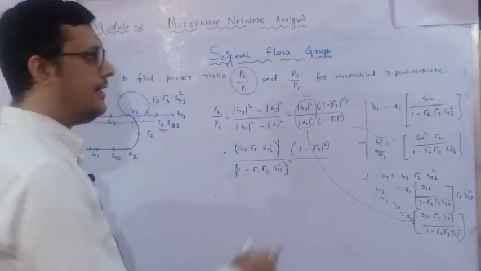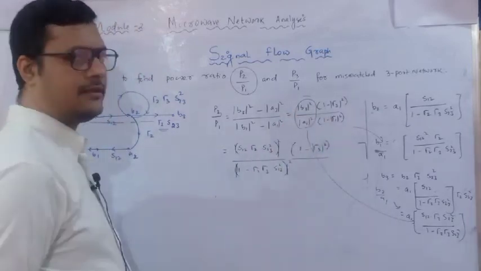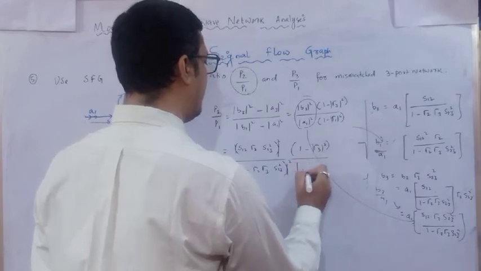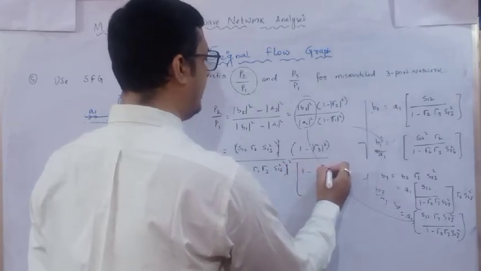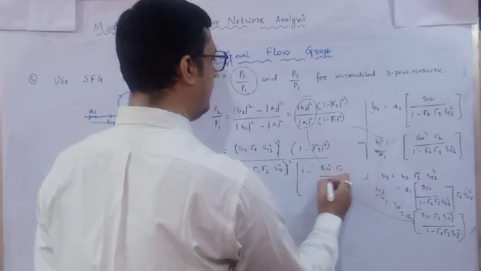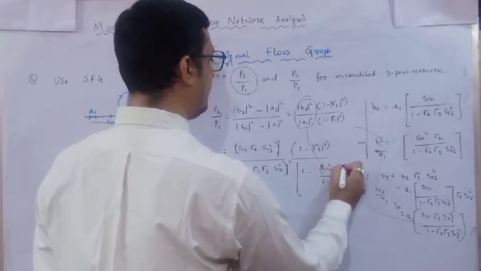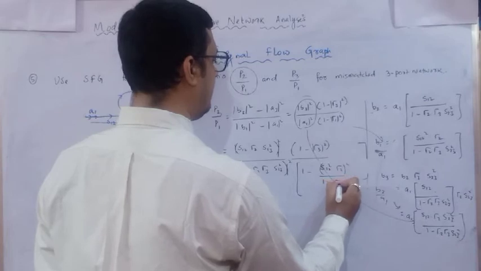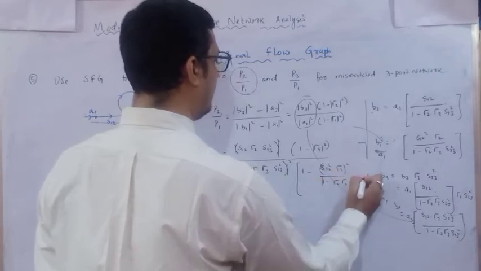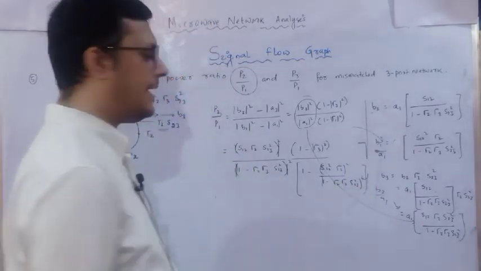And here once again, 1 minus reflection coefficient 1 means again you have to substitute 1 minus S12 square reflection coefficient 2 divided by, this is whole square, 1 minus reflection coefficient 2 S23 square whole square. So again it will be cancelled out.